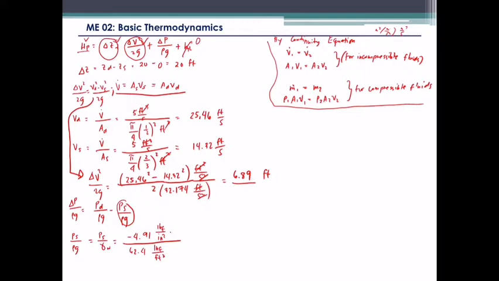To cancel, we have 144 square inch per square feet. So the square inches cancel, and we are left with the unit feet. This is now negative 11.33 feet.